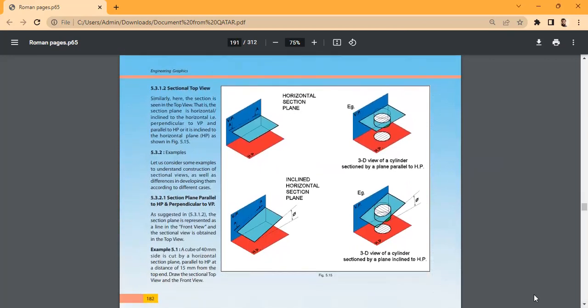What about this figure? The first one: it's parallel to HP and perpendicular to VP. Yes, cutting plane is parallel to HP and perpendicular to VP. What about the second figure?